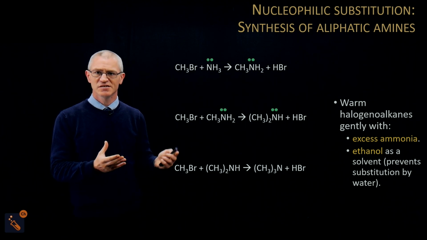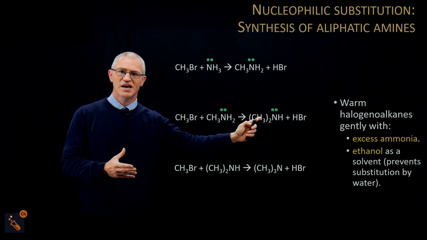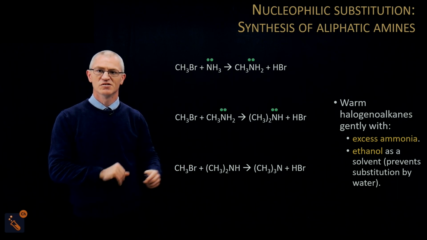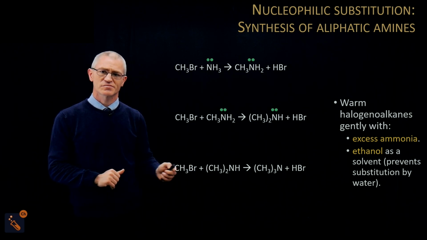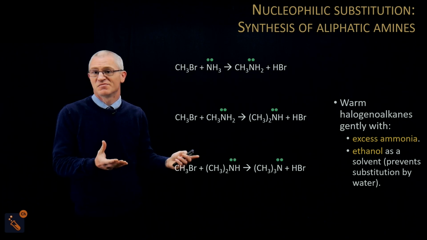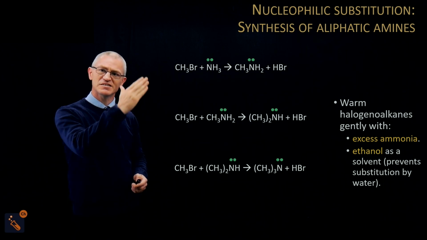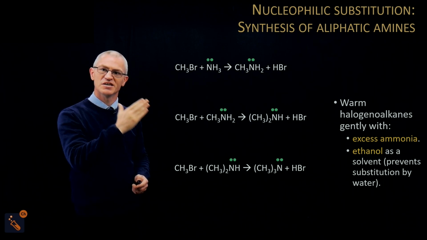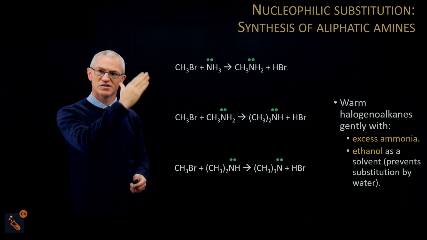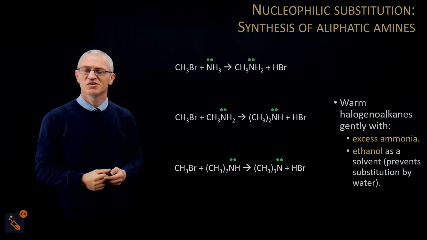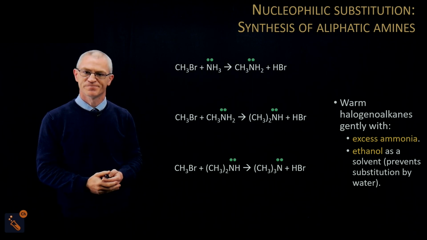And then potentially it could do it again, because that still has a lone pair of electrons, still can do nucleophilic substitution with the bromoalkane, okay, and theoretically might even be able to do it again, but don't worry too much about that. So essentially what we're saying is it can do it two times further. So that one, and that one, all in the same reaction. So you're going to get a mixture of products.